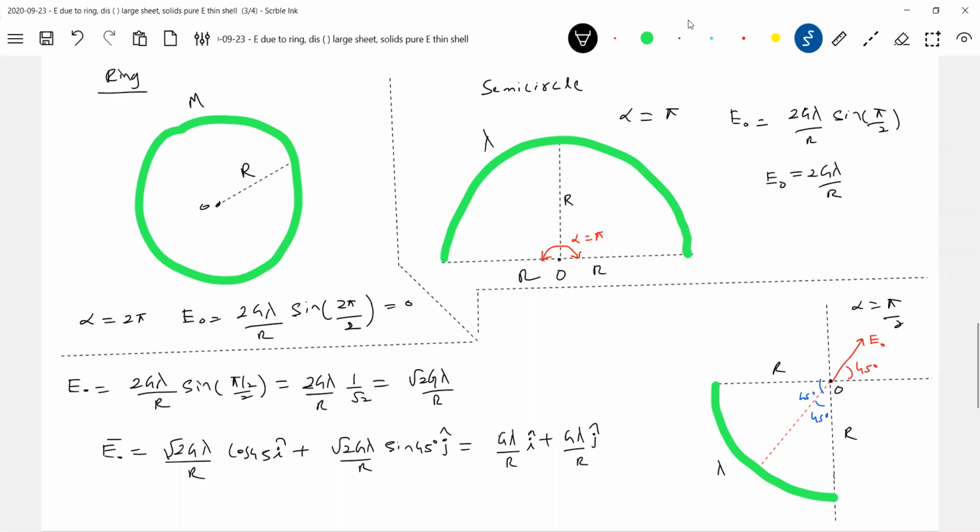That is the vector form; the earlier one is only magnitude. Better remember this. Depending upon the situation, write it. Sir, always i cap and j cap? No. If the arc is in the fourth quadrant, then minus i cap plus j cap. If the arc is in the second quadrant, i cap minus j cap. This is not a generalized formula. Better to remember only the magnitude. Depending upon the orientation, minus i cap or plus j cap will come.